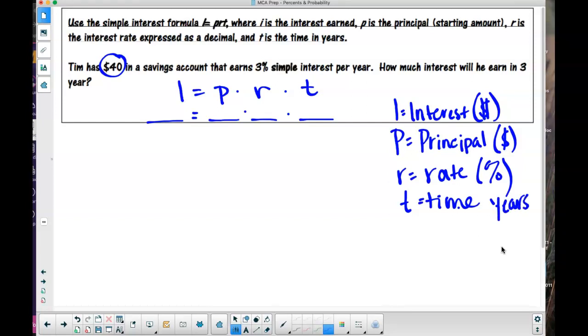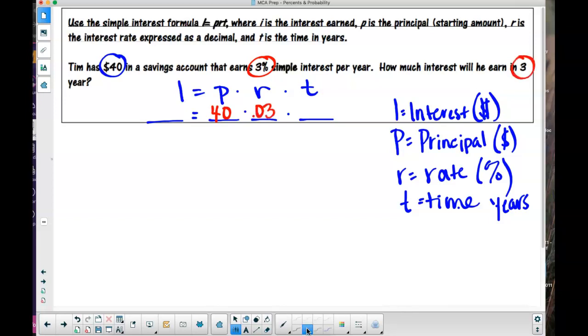So where would the 40 go? Tyler? It's the principal. That's what he's starting with. So 40 goes there. Okay, the next number I come across is 3%. That's the rate, but I can't just put 3 there. How do I have to write it? I have to change it back to a decimal. What's 3% as a decimal? Tyler, what? 0.03.